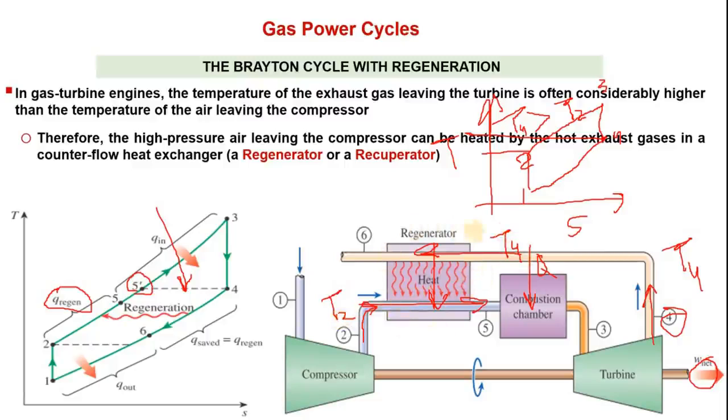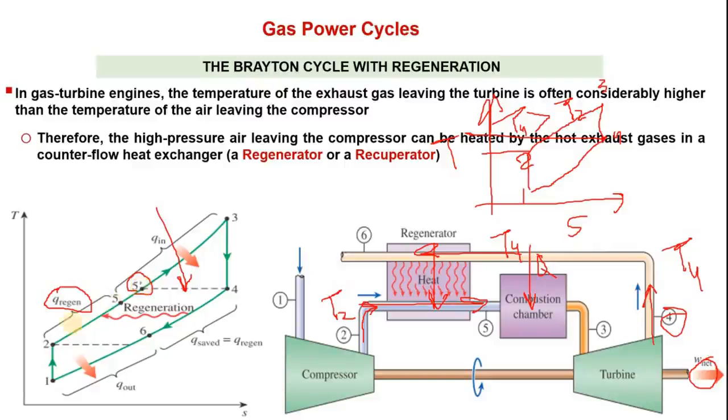For an ideal heat exchanger, if all of this heat is transferred to this fluid, then the T2 temperature will rise to T4, and the T4 temperature will fall to T2. That is the ideal point, where the fluid entering at point 2 leaves not at 5 but at 5 dash, and T5 dash is equal to T4.